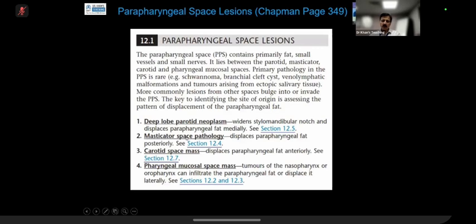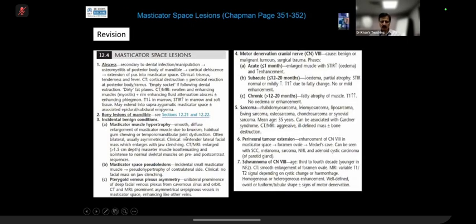So then go to the second differential diagnosis from your book, which is masticator space lesions. You were right that abscess is one of the most common, but clinically it was not an abscess. Then bony lesions from the mandible, no, it was not. Incidental benign conditions, these are usually incidentalomas, so they are not, there was a tumor there, right?